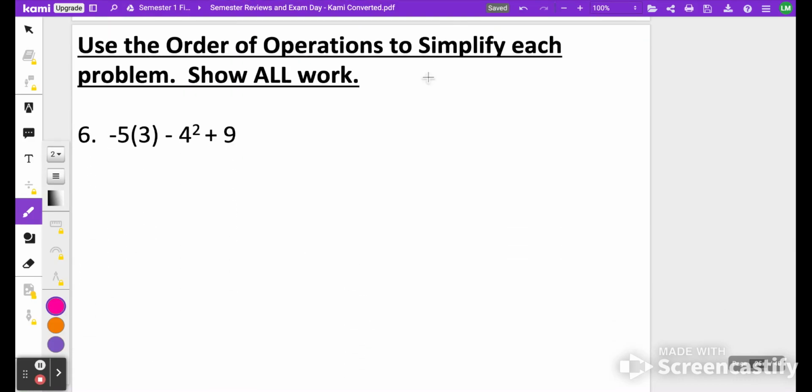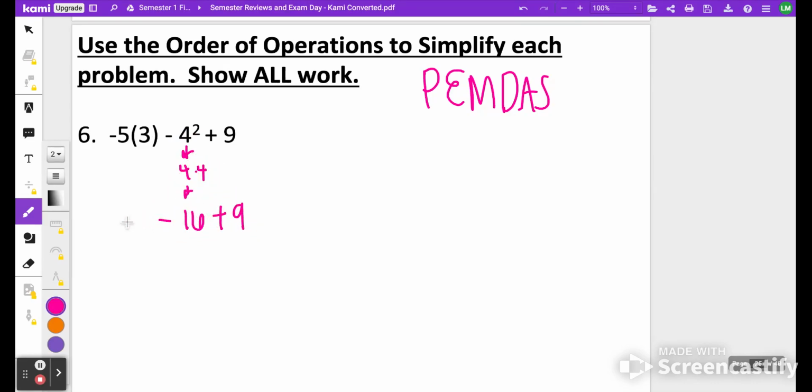Number 6, again, solving using order of operations. I do have some parentheses, but unfortunately within those parentheses is just the number 3, so I go into exponents, and this 4 squared means 4 times 4, which is 16. Bring down everything else. The next thing I have is multiplying and dividing. Negative 5 times 3 is negative 15.